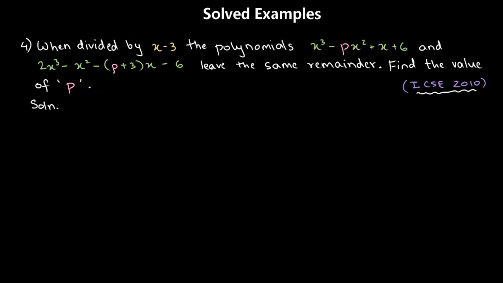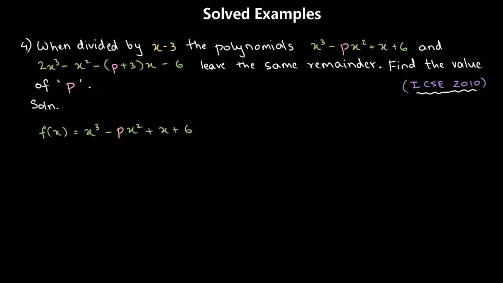So the first thing that you want to notice here is we've got two polynomials this time, unlike in the usual sums where we have just one. So let's consider our first polynomial as f of x, which is equal to x cubed minus px squared plus x plus 6.